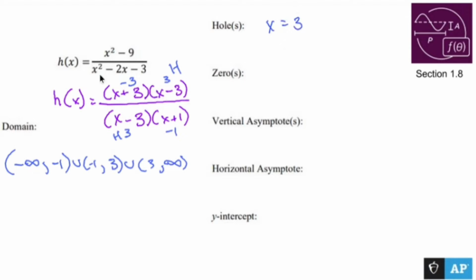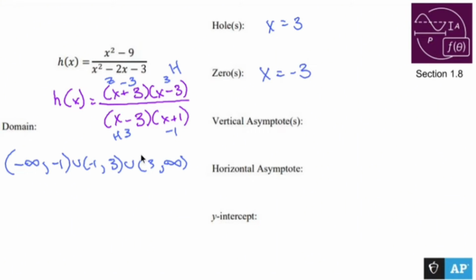My zeros are any number in the numerator that equals 0 that is not a hole. I'm sorry, 3 is a hole. 3 is not a zero because I'm not allowed to plug in 3 in the first place. So the zero is -3, and that is it.